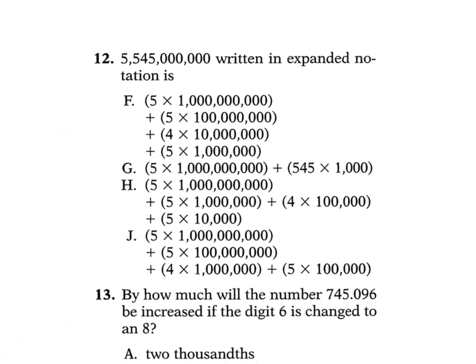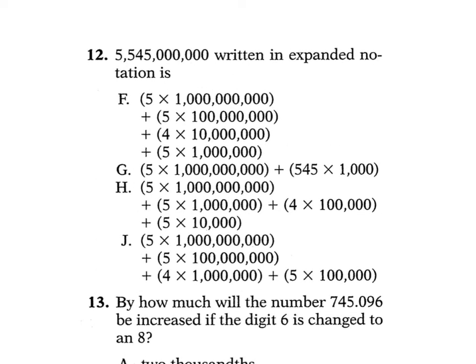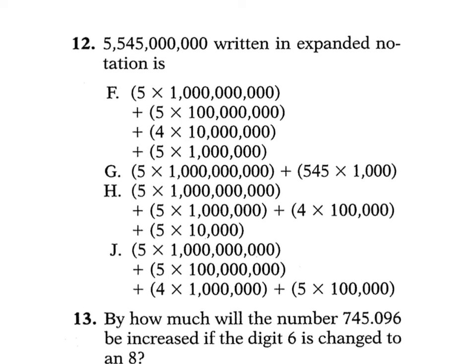Number 12. To write this number in expanded notation, we have our 5 is in the billions place, so it would be 5 times 1 billion. So all of those have that as an option. Then we would have 5 in the 100 million.